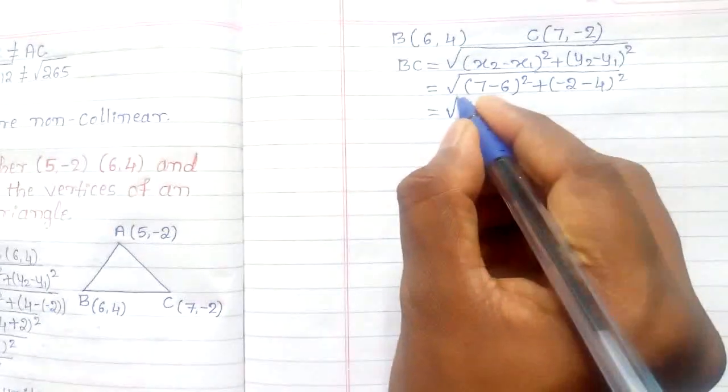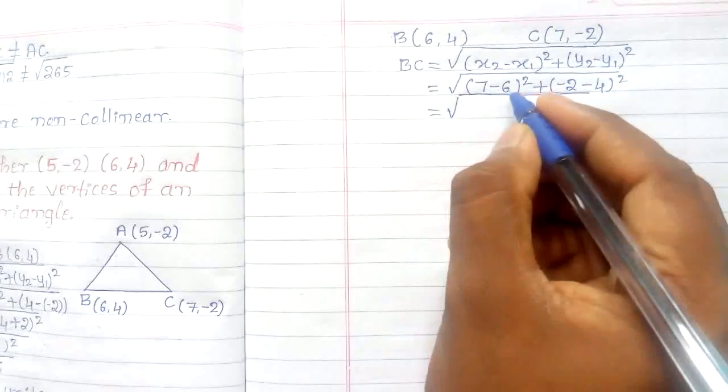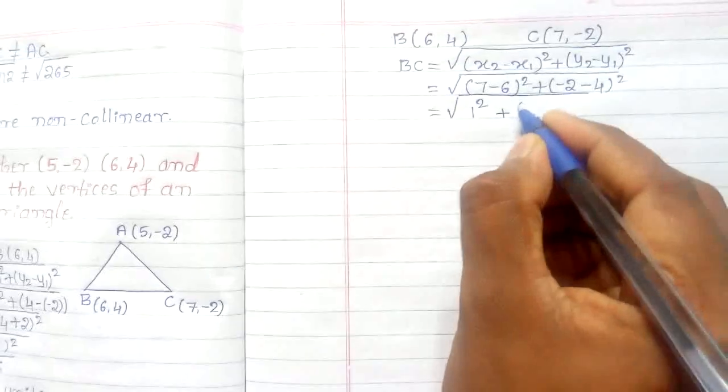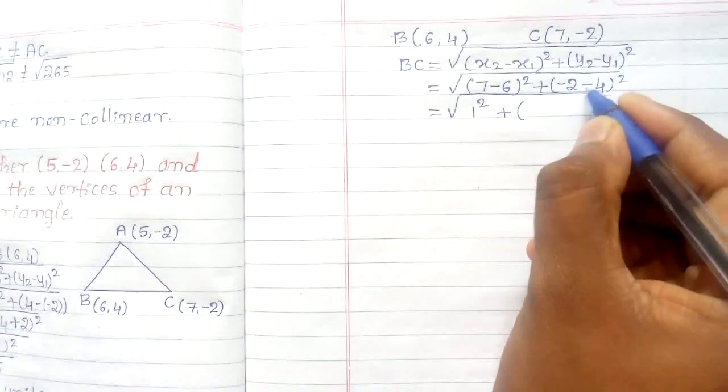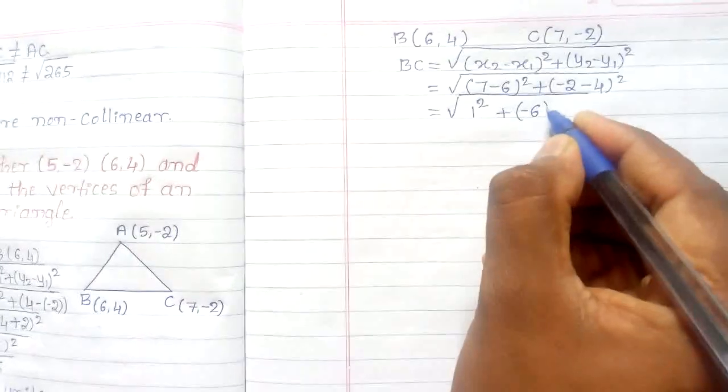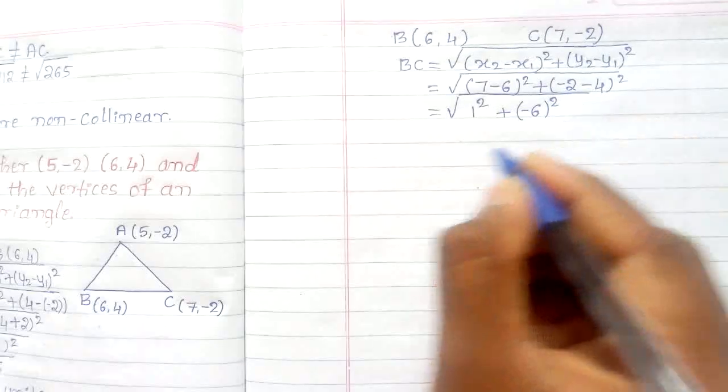Now square root of 7 minus 6 is 1 square plus, here these two numbers have the same sign, so add and put the same sign. 2 plus 4 is 6, and it has a minus sign, therefore it is minus 6 whole square.